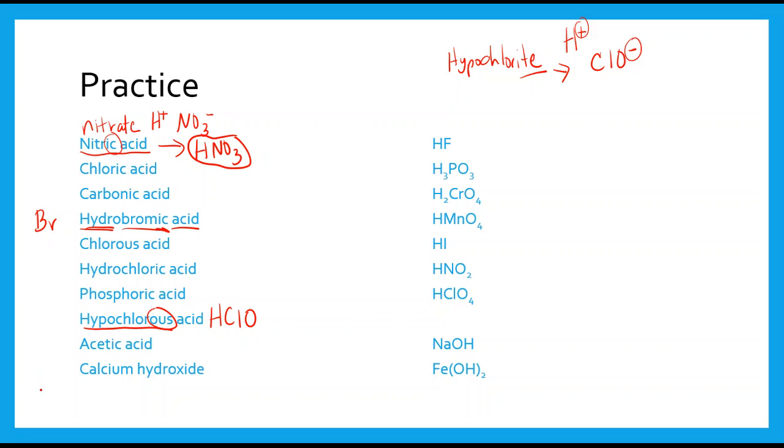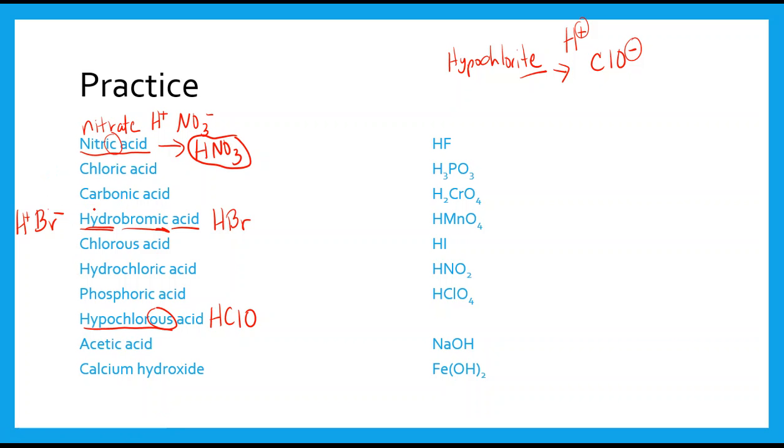And what ion does Br form? What's its charge normally? Off the periodic table, of course. Yes, it's -1. So 1 H, 1 Br, that adds up to 0, so this would be HBr.